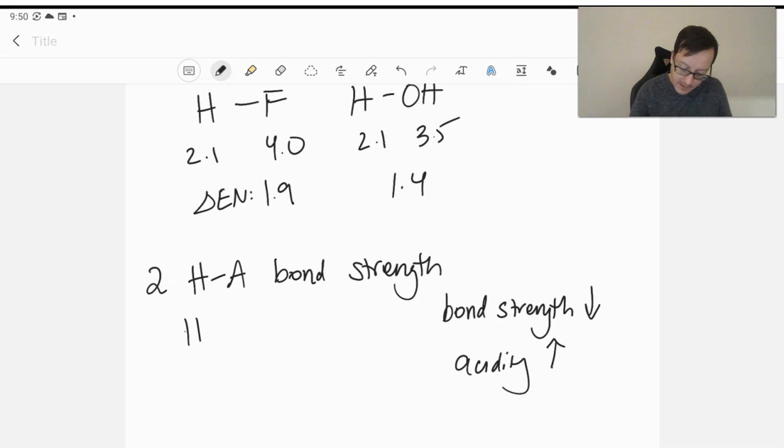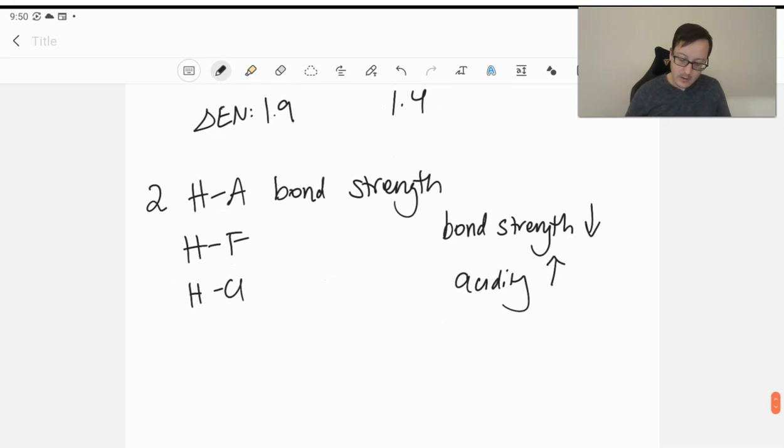In this, we can compare HF and HCl. We know that HF is a weak acid, HCl is a strong acid. If we take a look at their bond dissociation energies, 567 kilojoules per mole for HF.